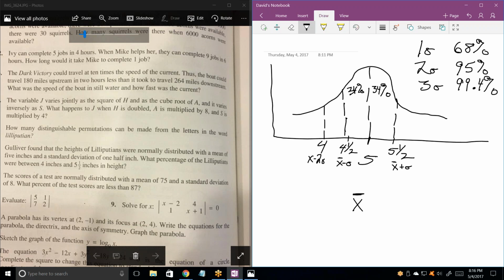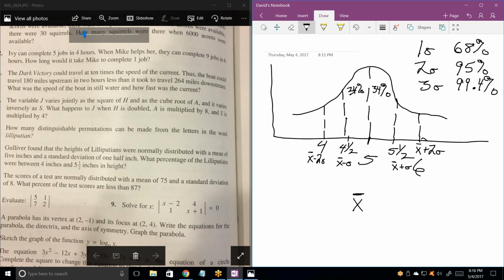Now, if I draw out 2 standard deviations, this is the mean plus 2 standard deviations, which would be 6 inches. This is the mean minus 2 standard deviations, which is 4 inches. I know that between 4 and 6 is 95% of the data, and it's also evenly distributed.